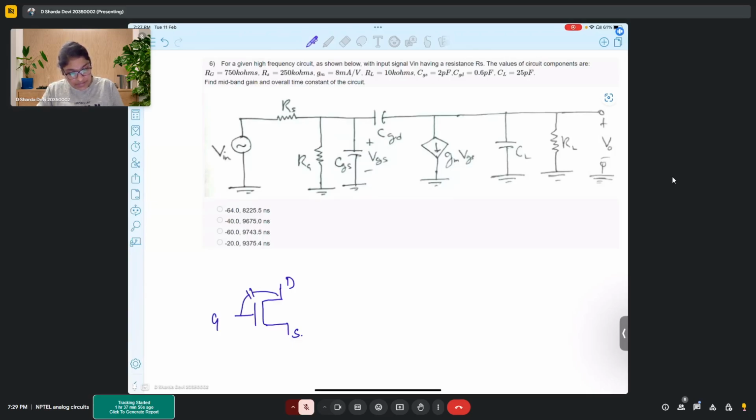This is the CGD capacitor, this is the CGS capacitor, and you have a load capacitor. So load is connected here with CL, and parallel to that you have RL, that is load resistance.